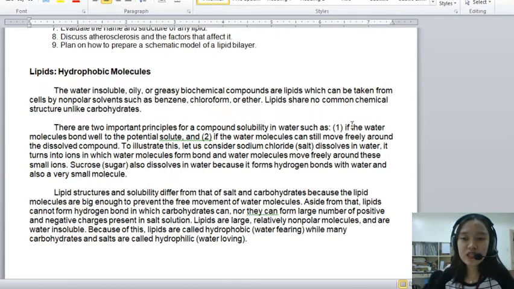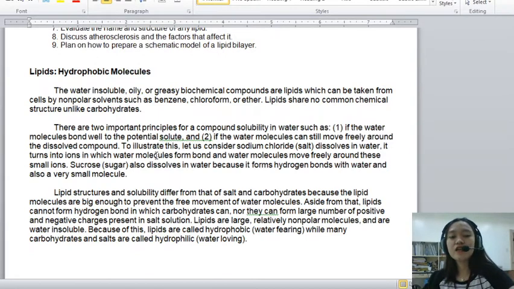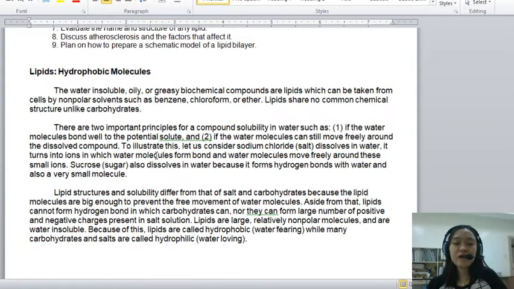Okay? So when you say if the water molecules bond well to the potential solute, meaning your solute must be polar. They must be polar and they must be able to react with your solvent, and they must be able to mix with your solvent.